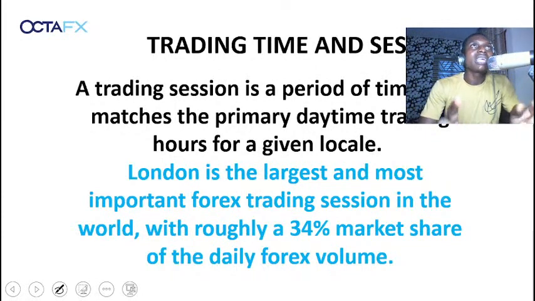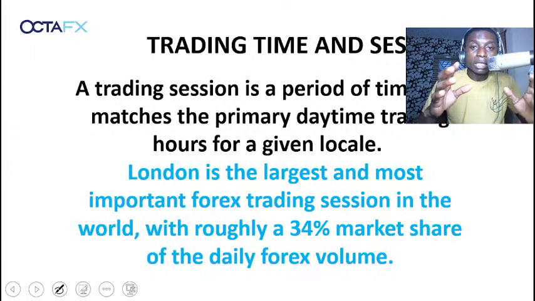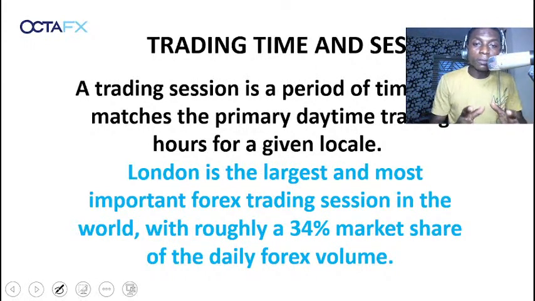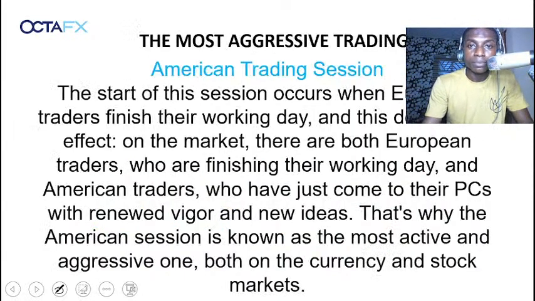The London session opens around 8 a.m. Nigerian time in the morning, with roughly 34% of the market share of the daily traded volume. That's to tell you that London is very pivotal, very important in the forex market.